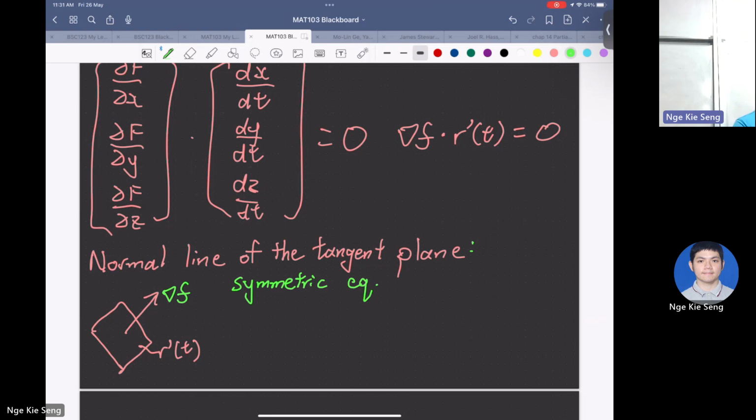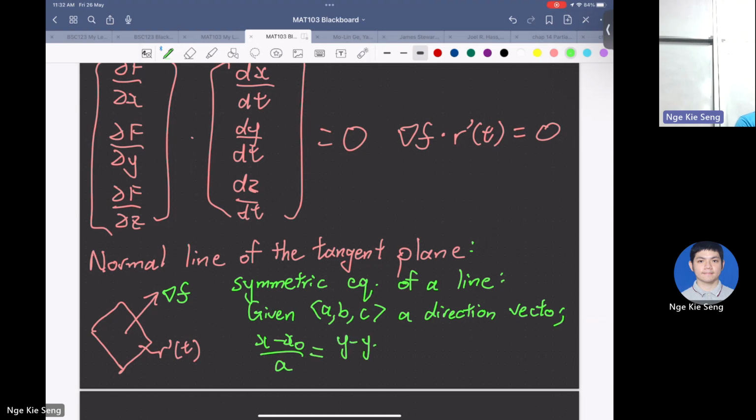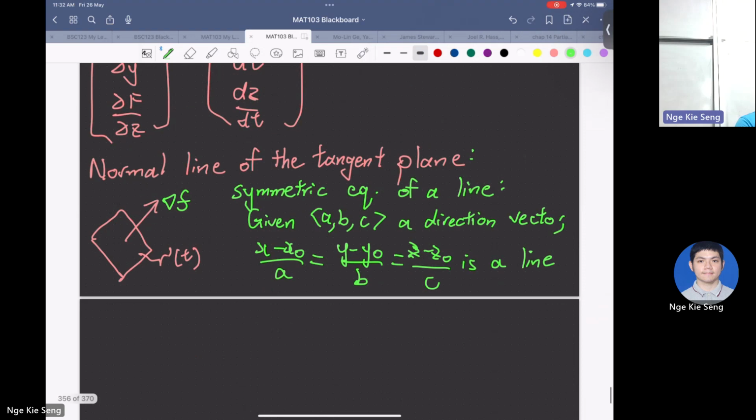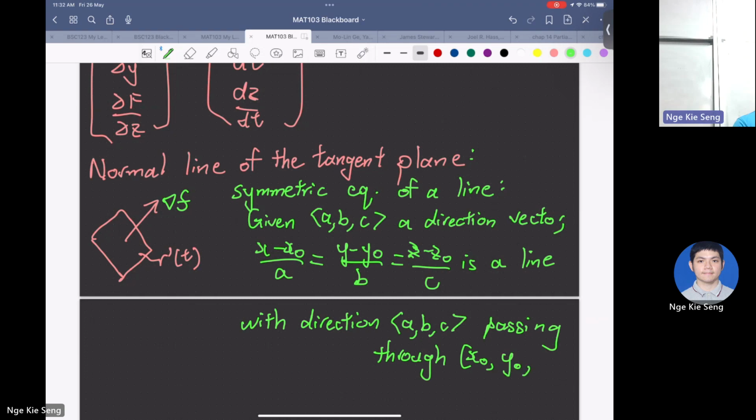Okay, so what's the symmetric equation of a line? So given ABC, a direction vector, x minus x naught over A equals y minus y naught over B equals z minus z naught over C is a line with direction ABC passing through x naught, y naught, and z naught.